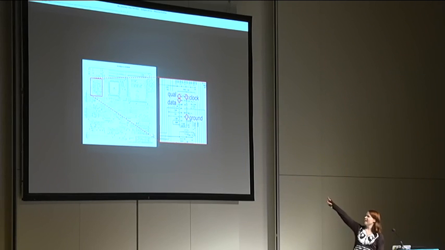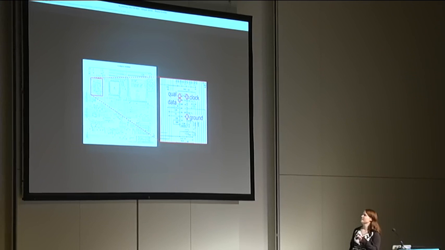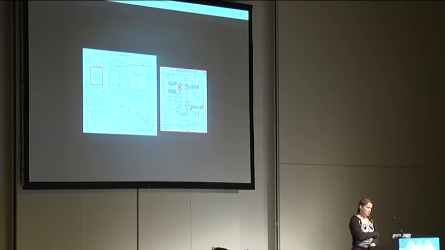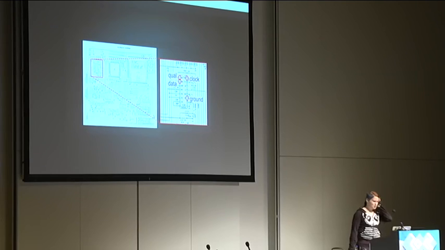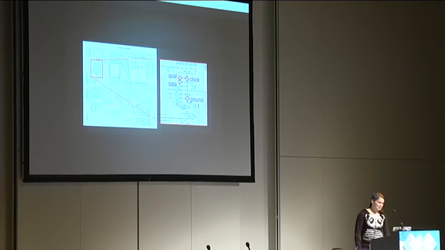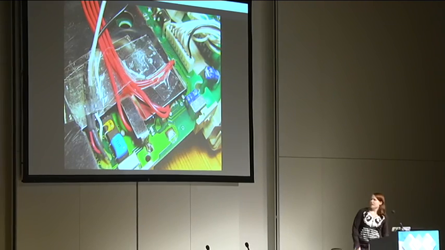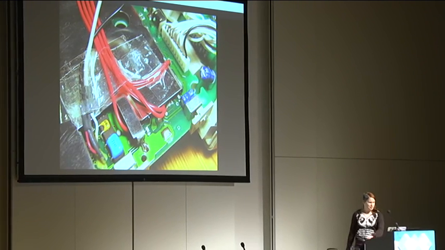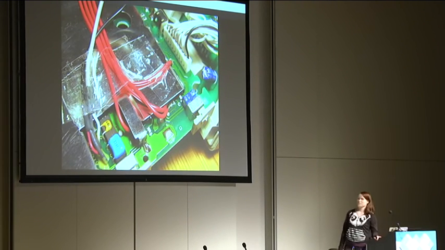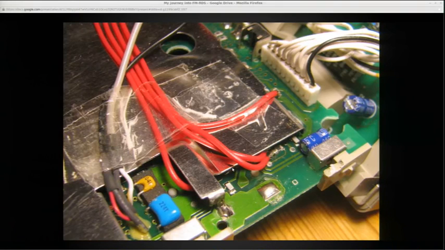So I found the 4 pins that I needed for data, clock signal, and ground, and just a quality bit that I am not actually using. And I did some ugly soldering work, because I didn't want to remove the RF shielding from this chip, to hook some cords to the decoder chip.